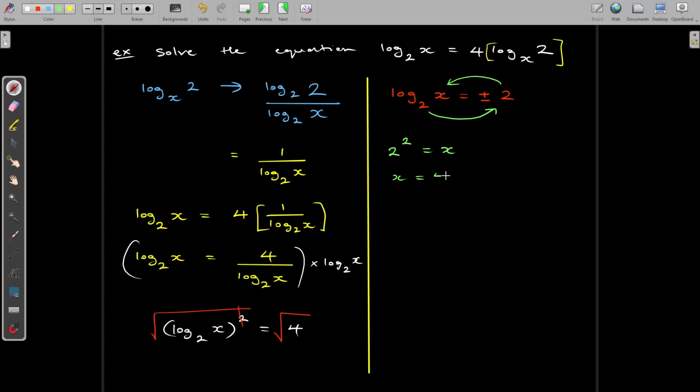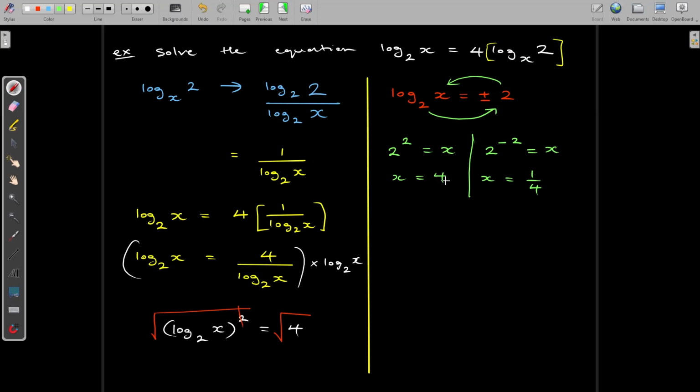X is equal to 4. That's one solution. The next solution, 2 to the power of negative 2 is equal to x. X is equal to 1 over 4. So these would be the two solutions for this question.